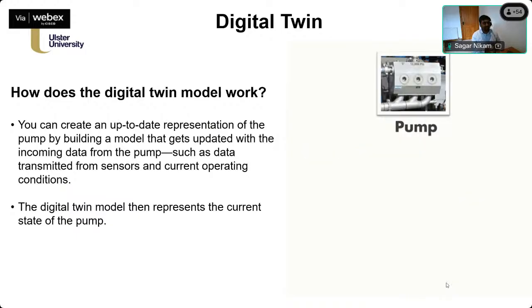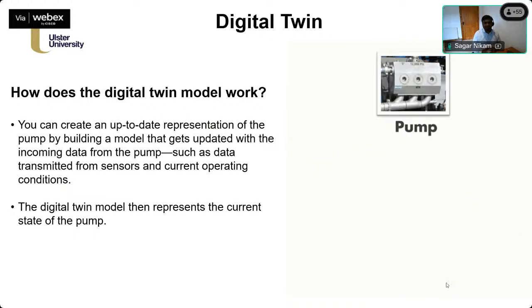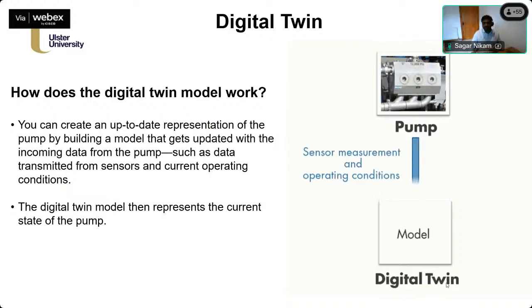The essential sensors from the pump will send information to the digital model. Your digital model will get updated, and accordingly it will help to understand the current state of the pump. And again, as I said before, digital twin can be used in predictive maintenance. Predictive maintenance can help to understand when we can go for maintenance of the pump. Maintenance is not daily, right? It is done at some point.